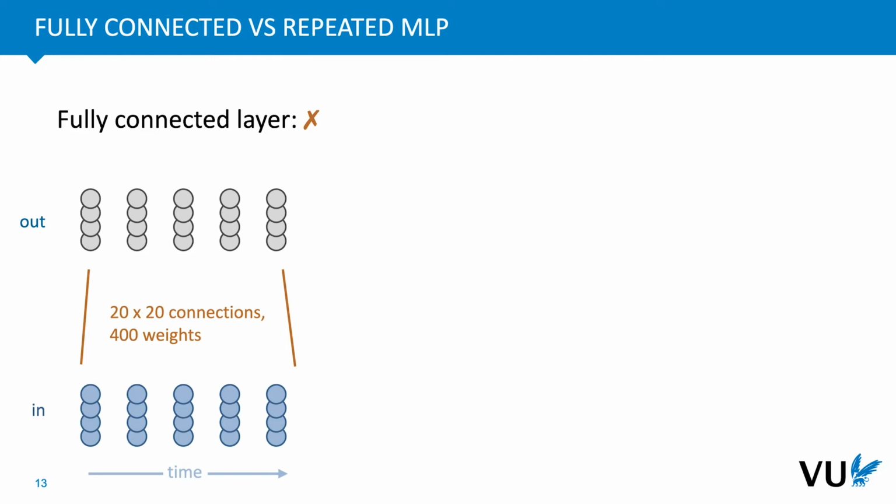A fully connected layer between these two is simply a layer that connects every number in the input to every number in the output, which would give us 20 by 20 connections for a total of 400 weights. Why is that not a sequence-to-sequence layer? Because if we now observe an input sequence with, let's say, 6 vectors, then we would need to add some weights in order to apply this layer.